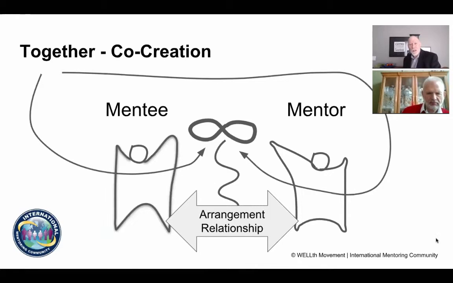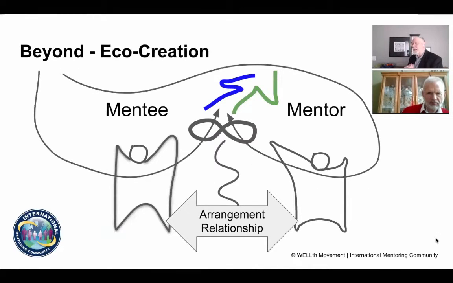The fifth part that we mentioned, and I'm just going to go over it now, is what happens beyond this, what I call eco-creation. Another way of looking at it would be: what is it that ripples out because of what you've done together? If the mentee has a direction, asks you questions, and you're responding as a mentor, and then they go and act on those, share those, integrate them into their lives, there is a ripple effect that goes out from the mentee.